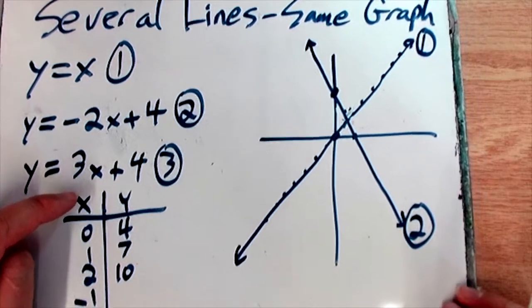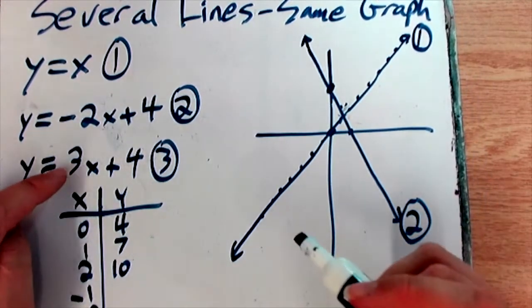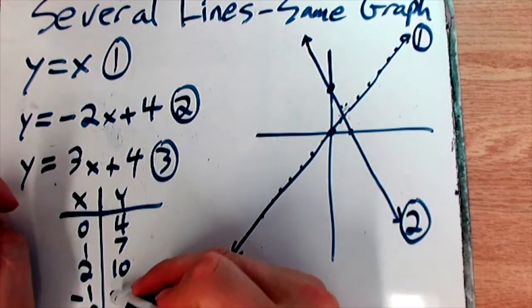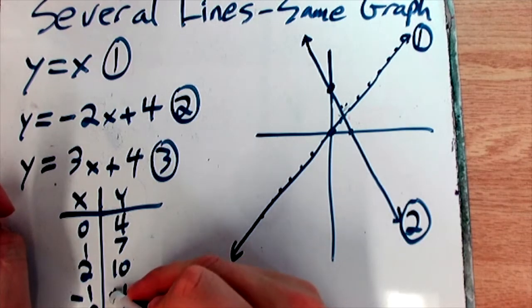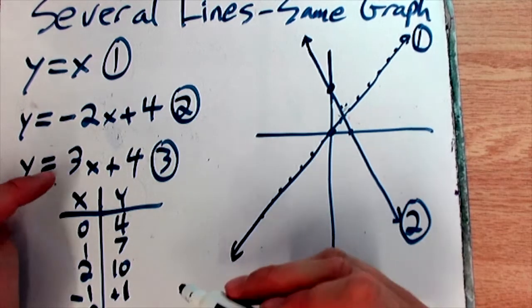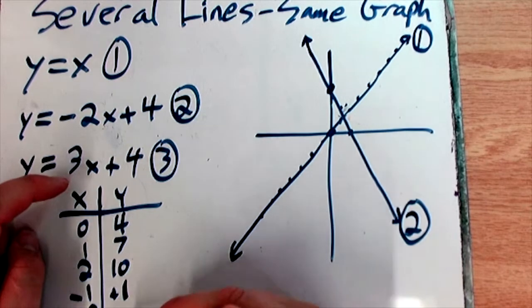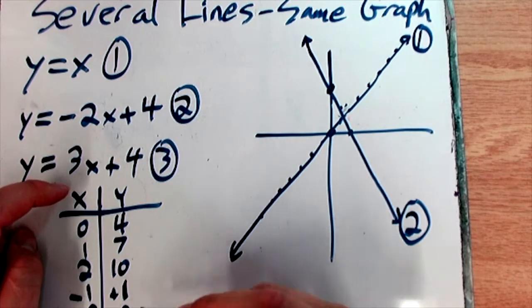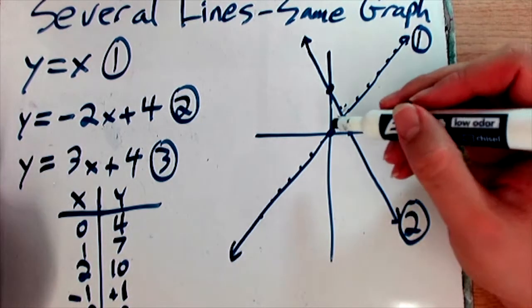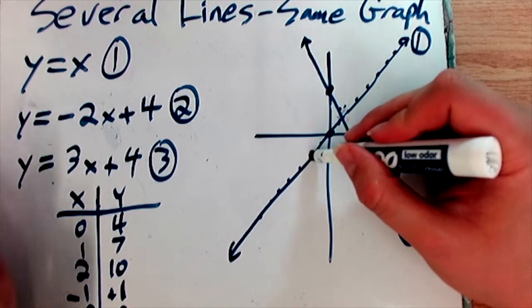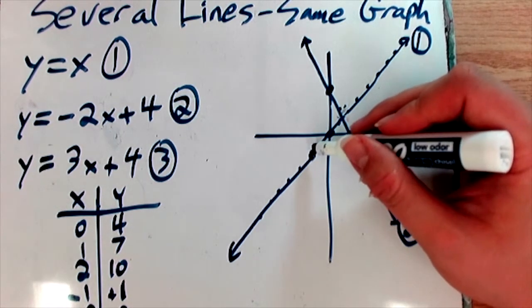So -1 times 3 there is -3 plus 4 is +1. So that becomes +1. And then -2 becomes -6, and that becomes -2 there. So we know that it's also going to go through here, -2, -2.